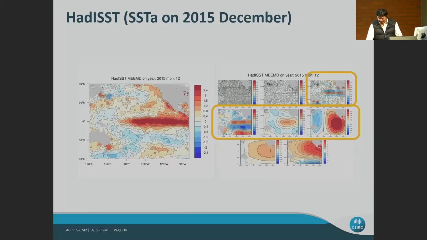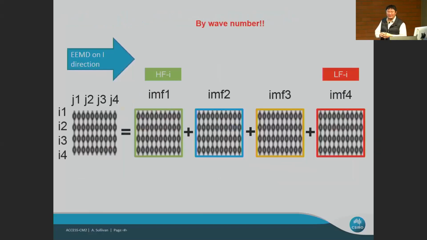But before that, last time in the group meeting we didn't talk about this, but this time we'll talk about more details. How did I do this? On the left-hand side we have the original signal, in the gray box. We have I1 to I4, J1 to J4, like 16 grids.